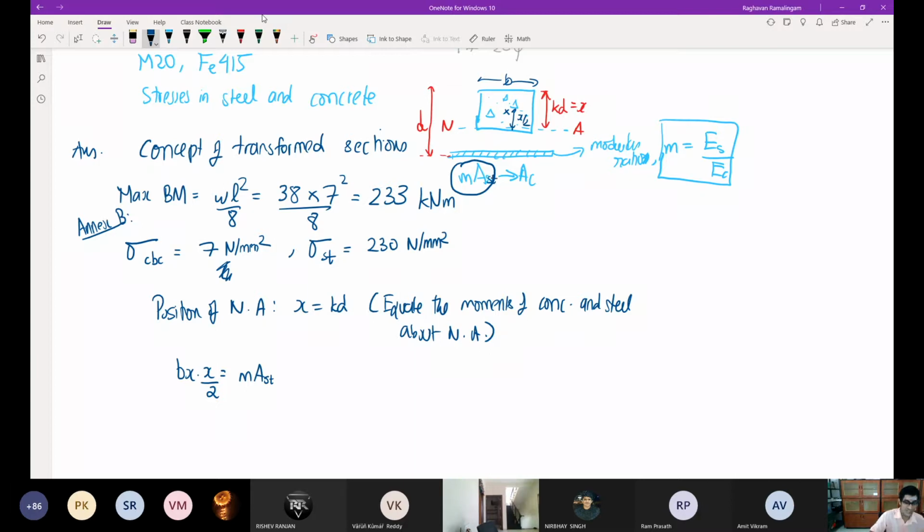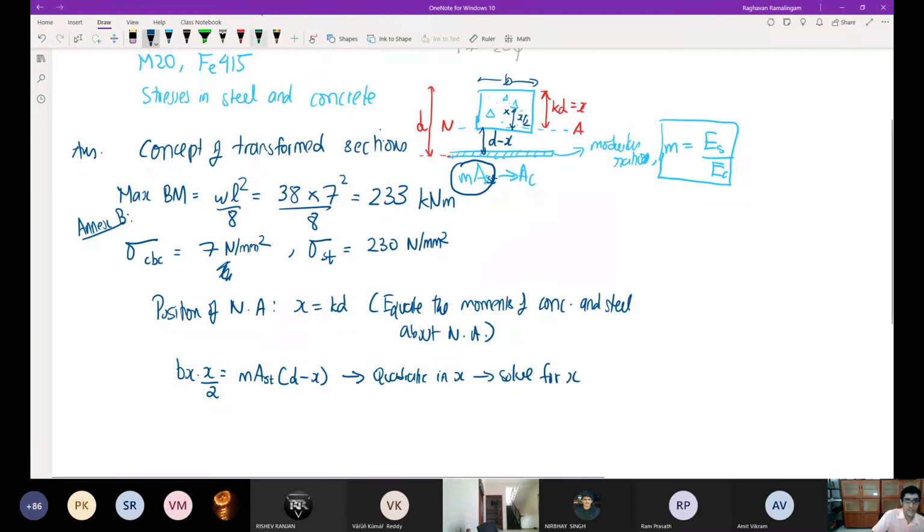M into Ast into, from here to here is d, here to here is x, so the remaining is d minus x. Now you have a quadratic equation in x, and you can solve for x.